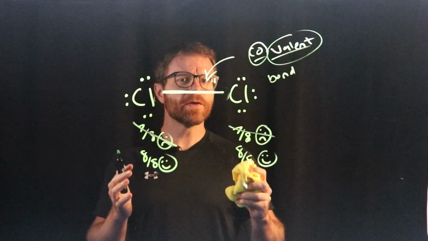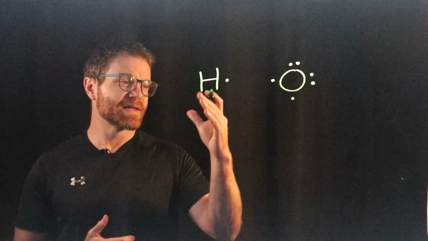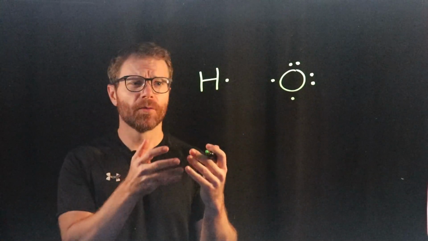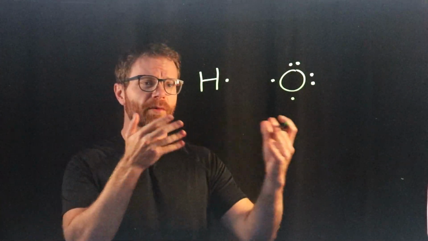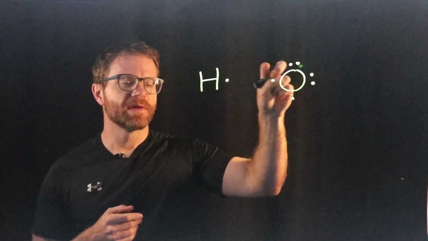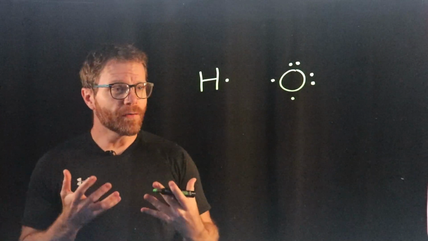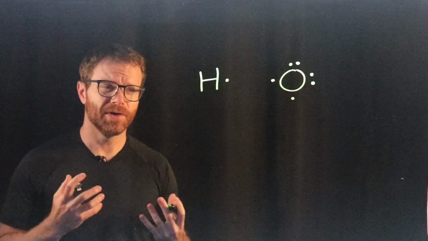Okay, let me give you a few more examples. You see here I've got the elements hydrogen and oxygen. Now, if hydrogen were a metal and oxygen were a nonmetal, these could form an ionic bond by hydrogen giving up its electron to oxygen, which would be great. Unfortunately, hydrogen is a nonmetal and oxygen is also a nonmetal.